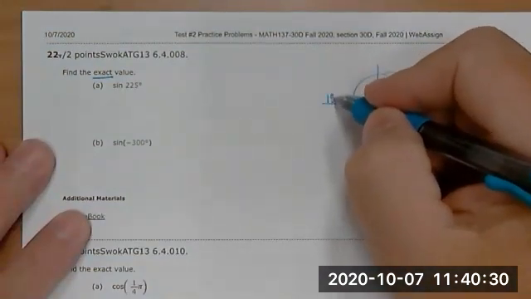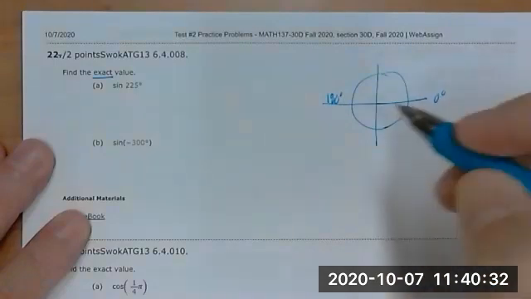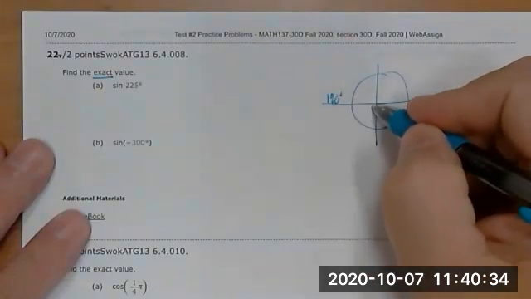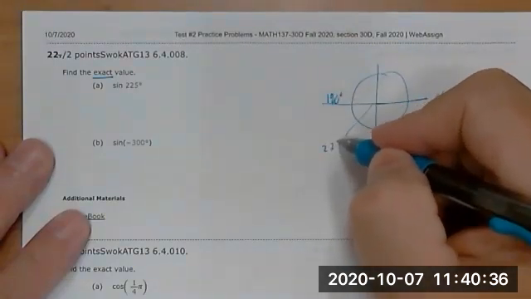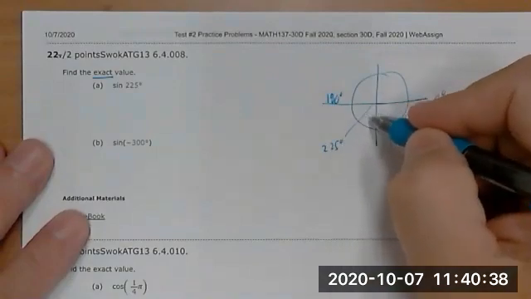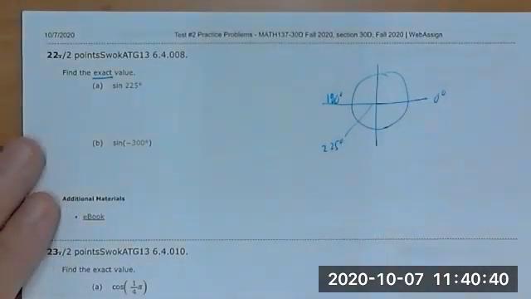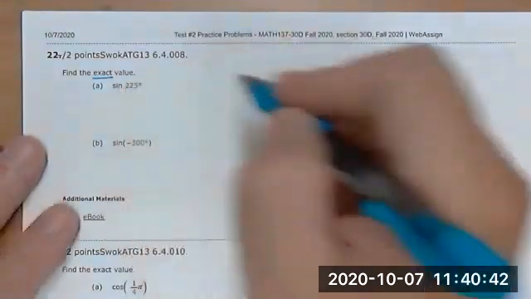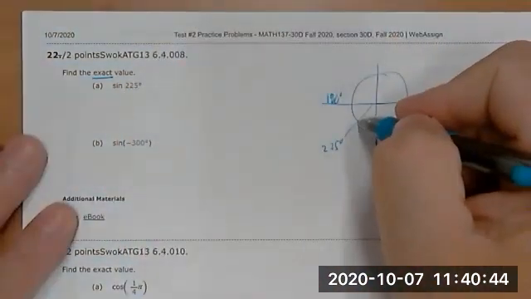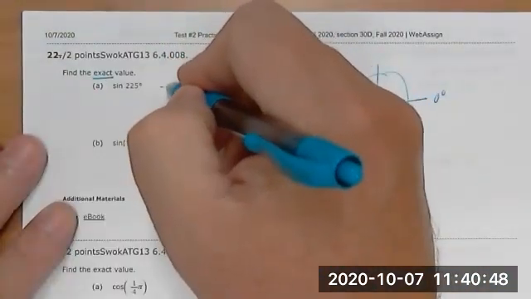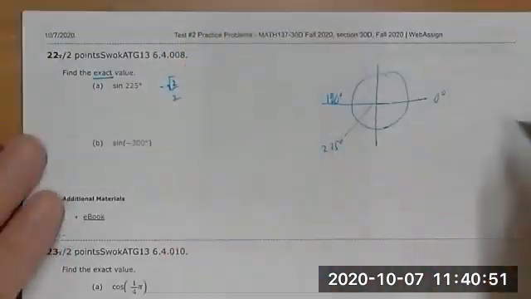Well, I know 180 degrees is here. 225 is 45 degrees more, so it's actually the halfway point in the third quadrant. This point here is negative square root of 2 over 2, negative square root of 2 over 2. The sine would be negative square root of 2 over 2.